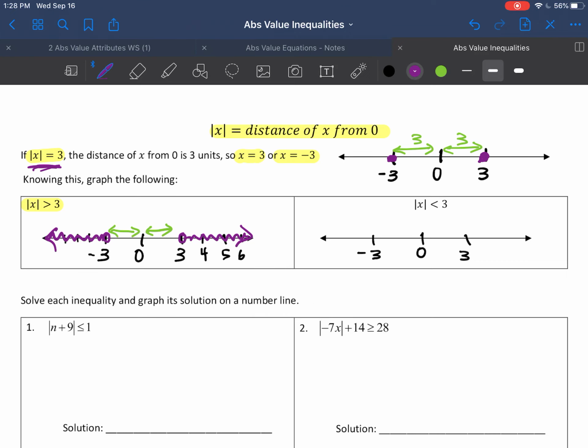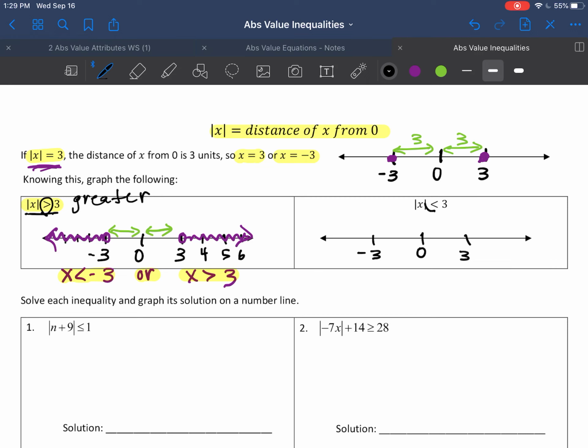And so the solution to this inequality would be x is less than negative 3 or x greater than positive 3. Okay, the two purple regions I've shaded on my number line would satisfy the fact that we have to have a distance greater than 3.